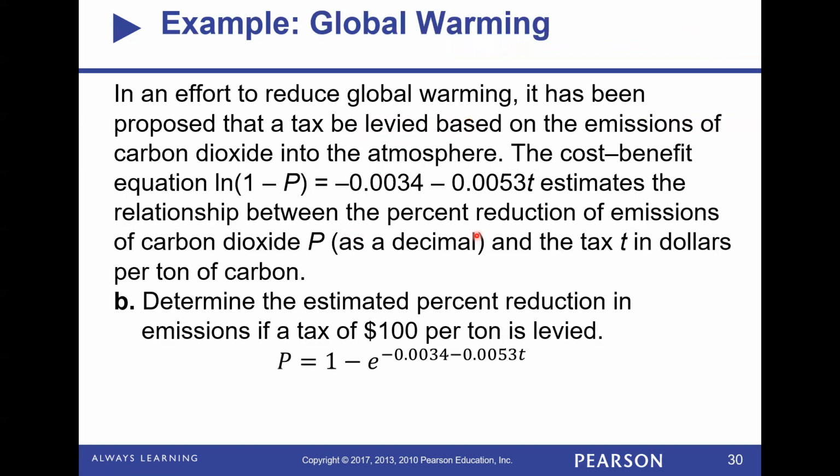Let's determine the estimated percent reduction in emissions if the tax of $100 per ton is levied. So in our case here, all I would need to do is plug in 100. Since I'm plugging in 100, I'm only plugging in 100 for T.